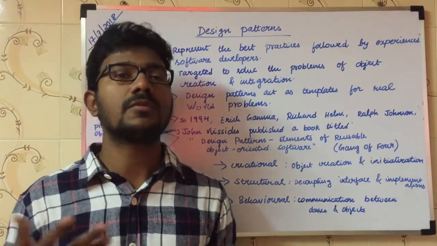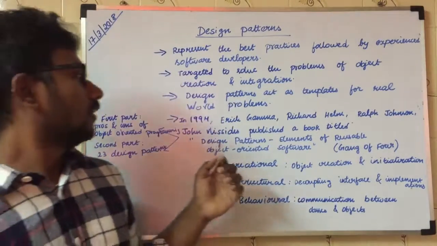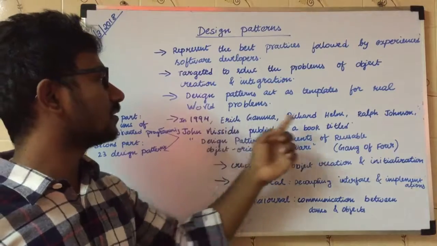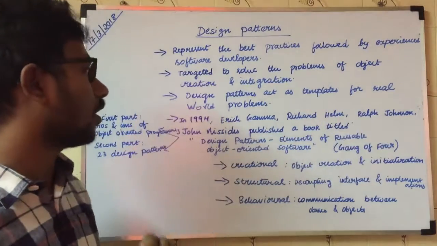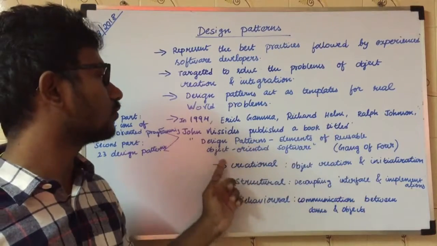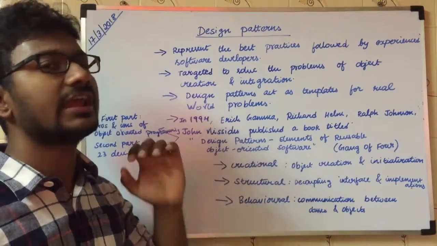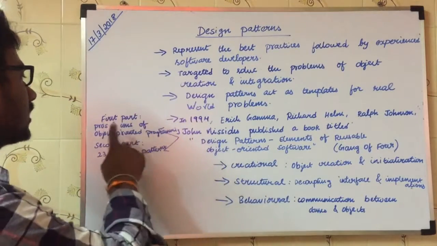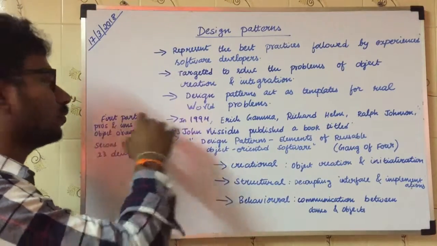This was discovered by four people, Erich, Richard, Ralph and John, and they published a book called Design Patterns: Elements of Reusable Object-Oriented Software in 1994. This book covers two things. The first part covers the pros and cons of object-oriented programming, and the second part covers 23 design patterns.